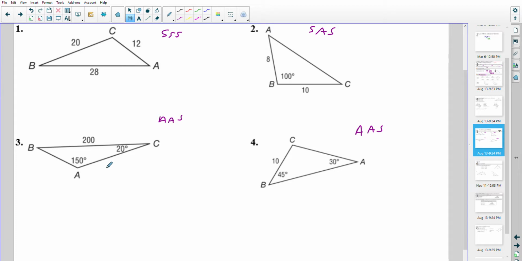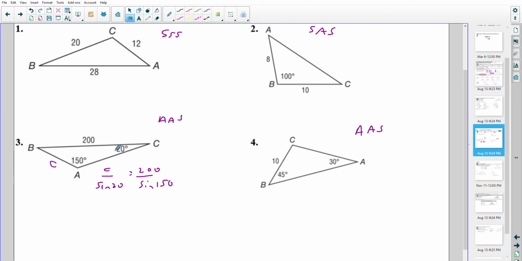So to do that, I want to solve for this third side. Now notice that I'm looking for a side opposite 20, so I can get this side, call it c, and therefore I like to put the c first. c over the sine of 20 is equal to 200 over the sine of 150.